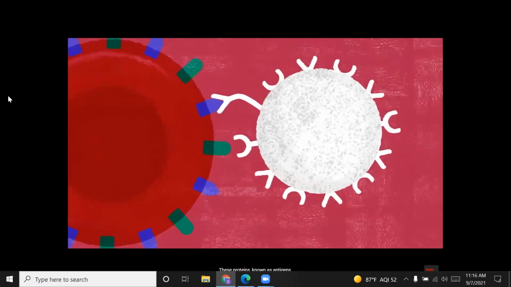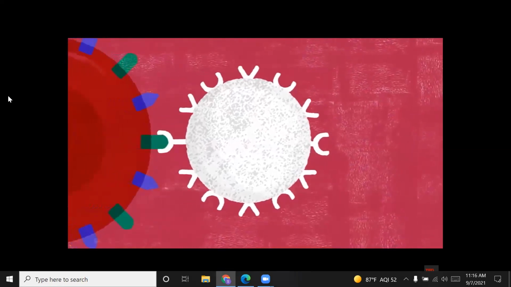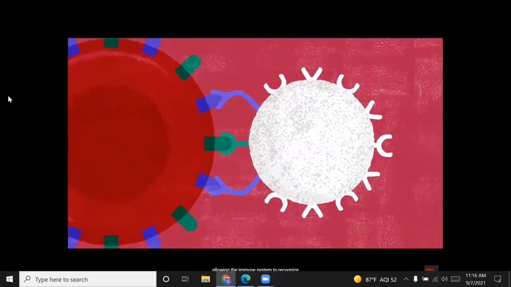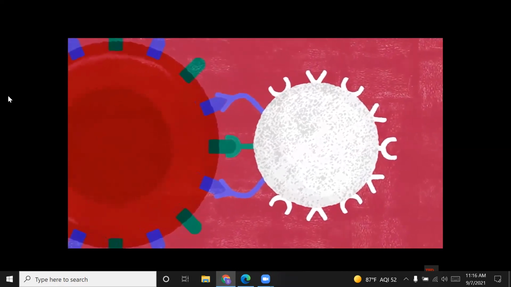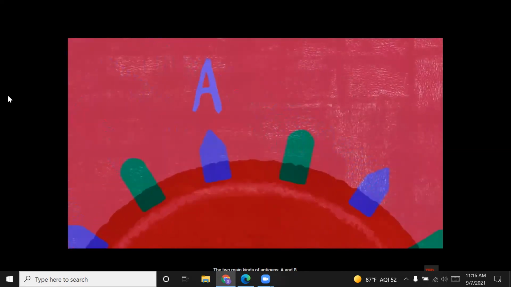These proteins, known as antigens, communicate with white blood cells, immune cells that protect against infection. Antigens serve as identifying markers, allowing the immune system to recognize your body's own cells without attacking them as foreign bodies. The 2 main kinds of antigens, A and B, determine your blood type.